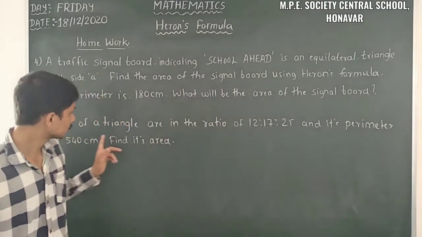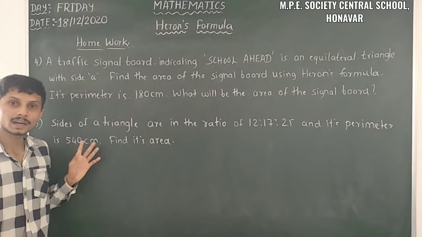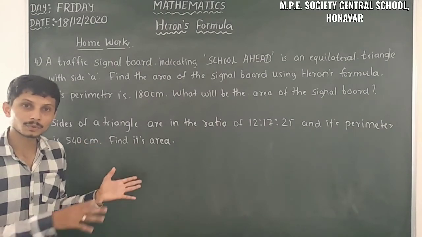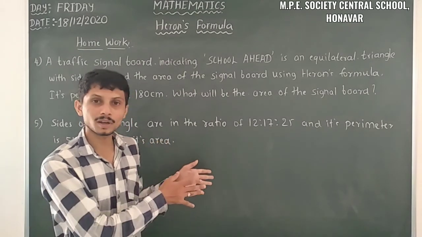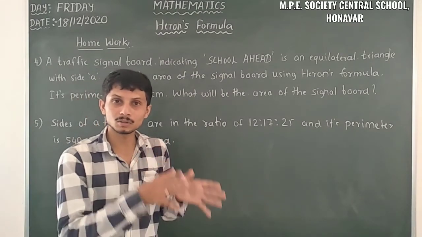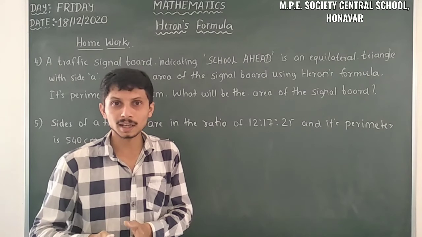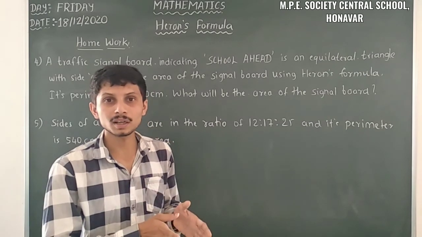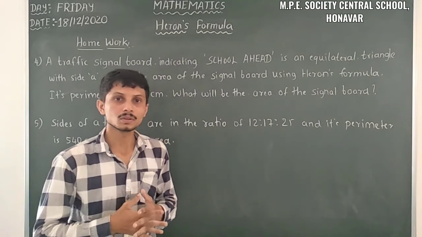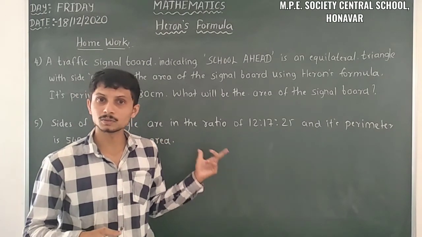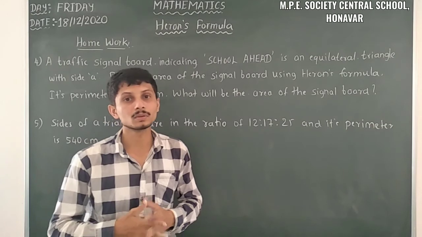When we add them we get the value 540, and you transpose some things and then you can get the value of x. Just substitute the value of x in each and every case, then you can get the sides of the triangle. Then insert into Heron's formula. Also we can find the value of s using the perimeter divided by 2.